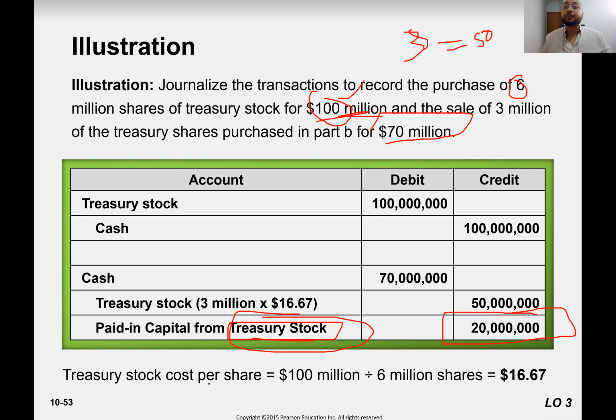So remember, in accounting we do not call it a premium on shares. We call this paid in capital in excess of what? Whether it is common stock, preferred stock, or treasury stock. So there is a separate head for all of these, right?